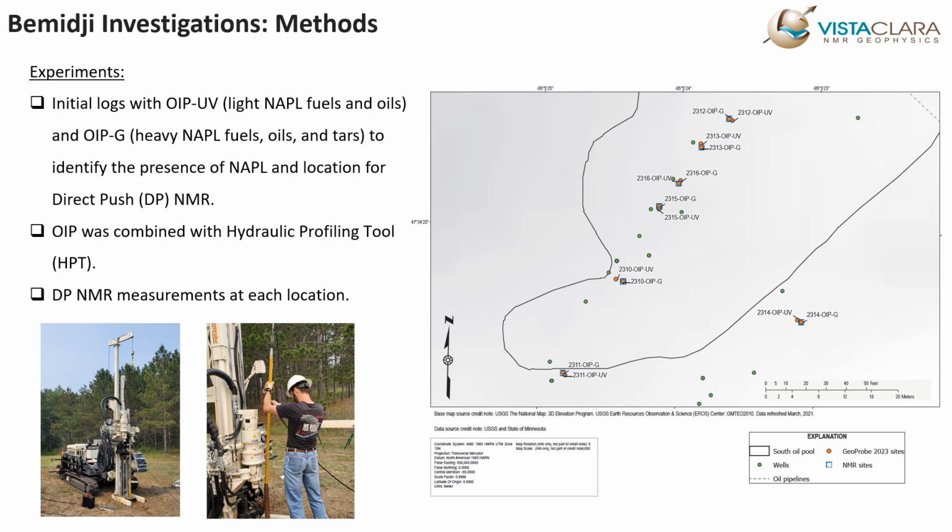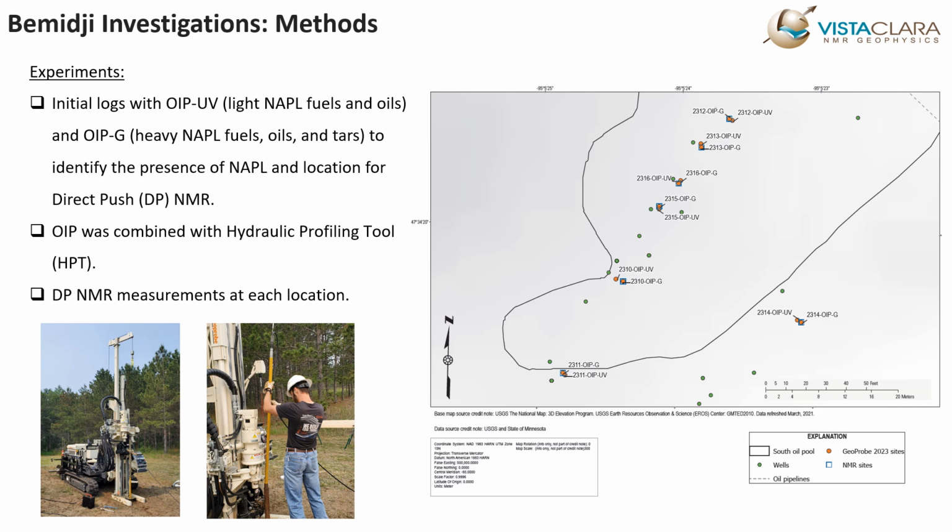Here on the right you can see the map of this site, and in green you can see the locations of the different monitoring wells, and symbols in orange present the locations for OIP and NMR measurements. Initial logs were conducted with OIP-UV and OIP-G probes to identify the presence of NAPL and select locations for the direct push NMR investigations.